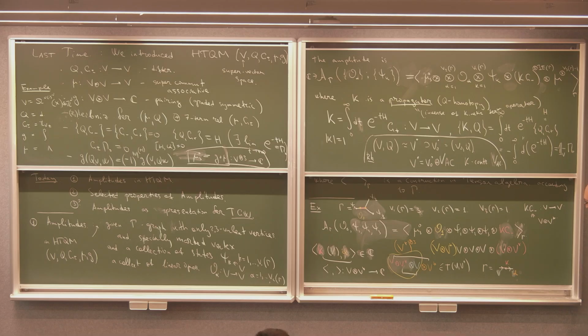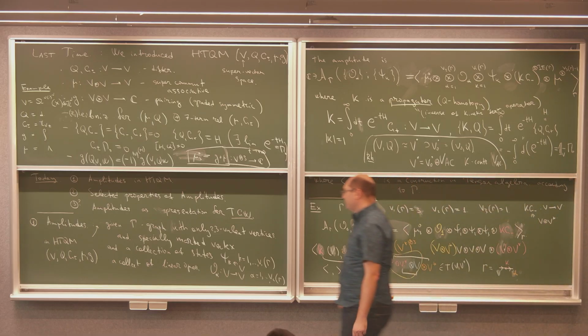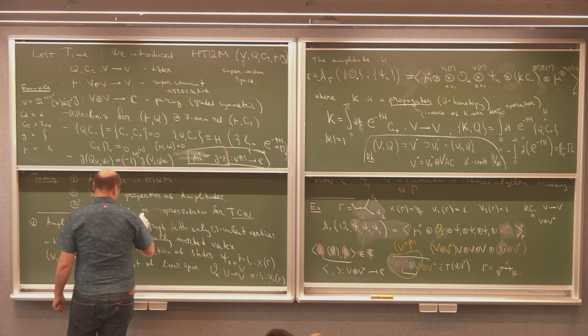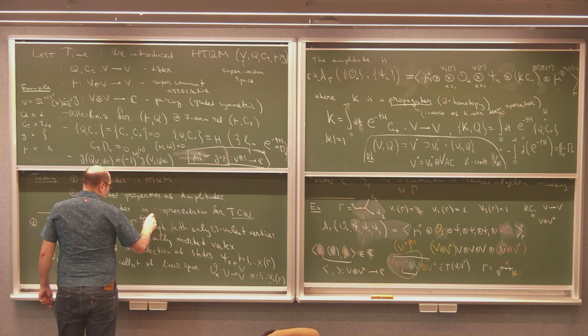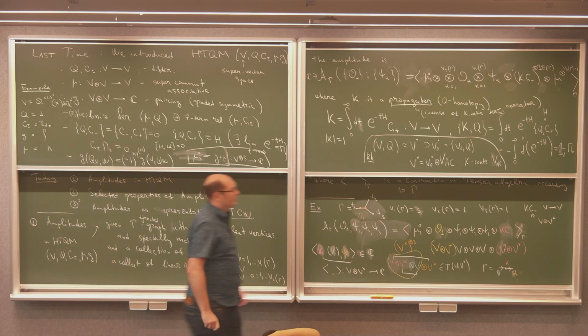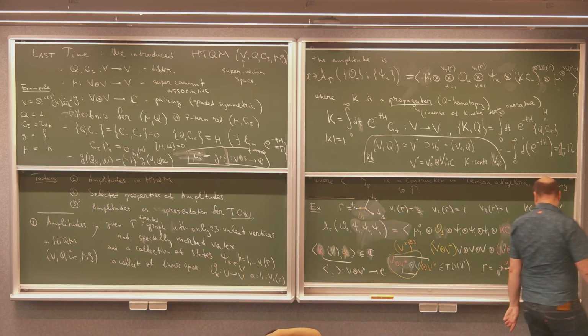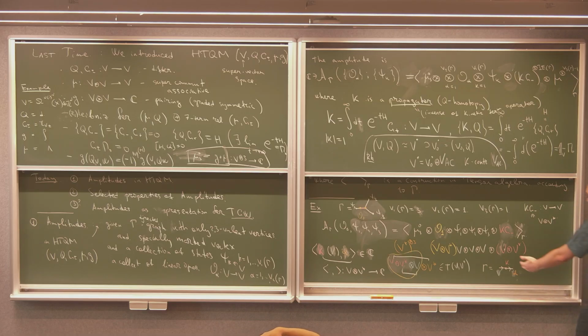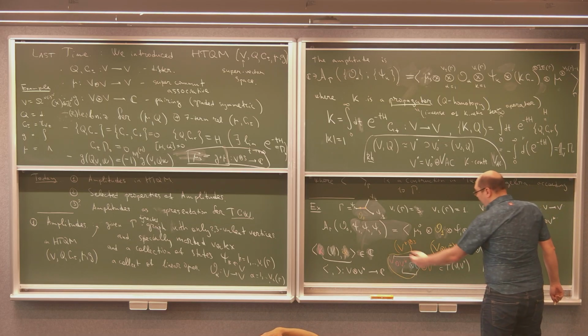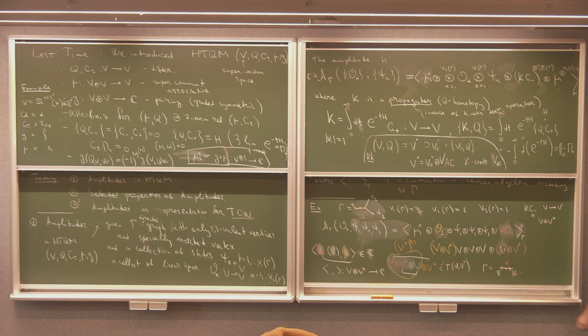So this picture basically describes a directed graph, here we should put directed. So it is a graph with some directions on edges. This directed graph essentially describes a way to perform contraction.